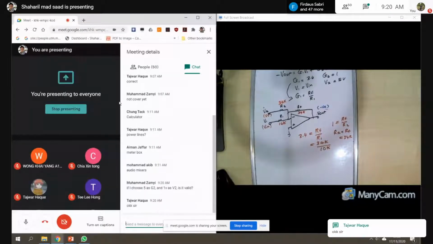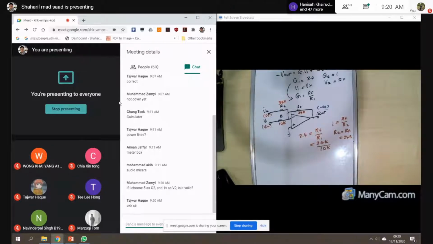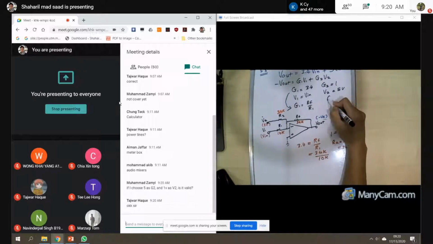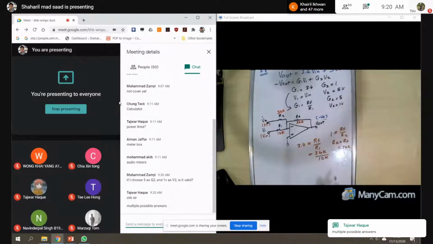If I choose 5 as G2 and 1 volt as V2, is it valid? Yes, sure. You can choose another. For example, you choose G2 equal to 5 and V2 equal to 1 volt. Yep, you can choose it.